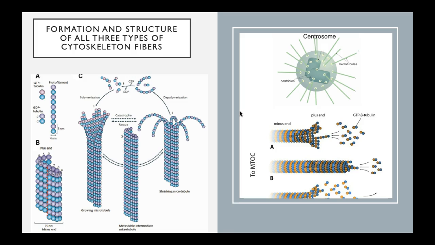So the centrosome contains hundreds of rings that are made up of this third type of tubulin, and these rings serve as the nucleation sites, and that's the beginning of the microtubule formation. So the negative end of the new microtubule is embedded into the centrosome, and the positive end points outwards towards the cell periphery, and it just grows and grows and grows.